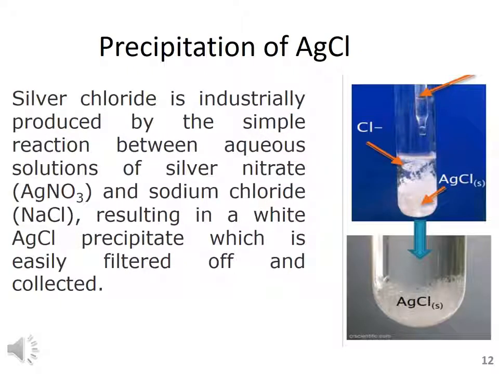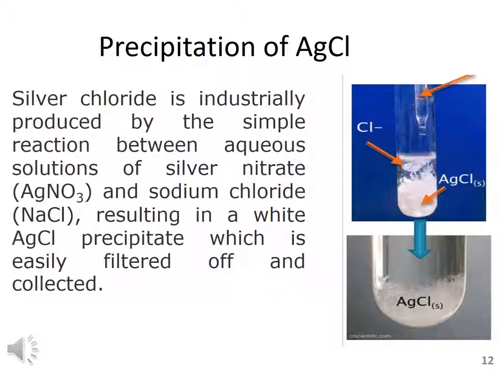So by using this process of precipitation, the gravimetric analysis, silver chloride is produced in the industry by the simple reaction between silver nitrate and a solution of sodium chloride. When they react with each other, the silver cation of the silver nitrate will react with the chloride anion of the sodium chloride.